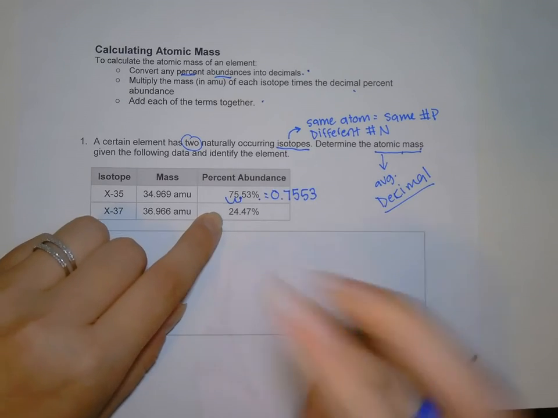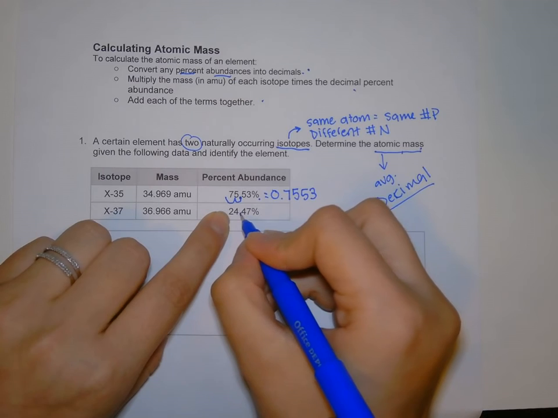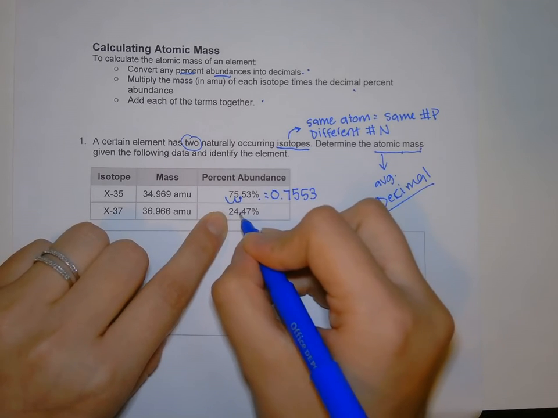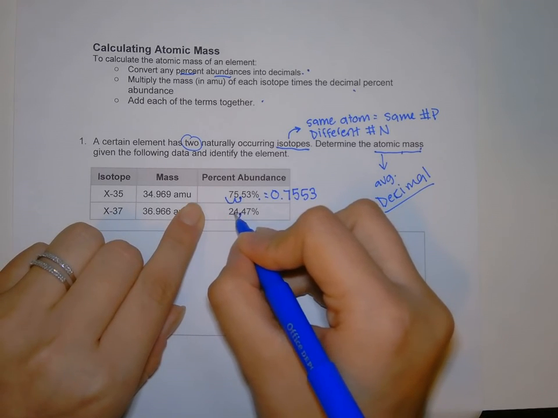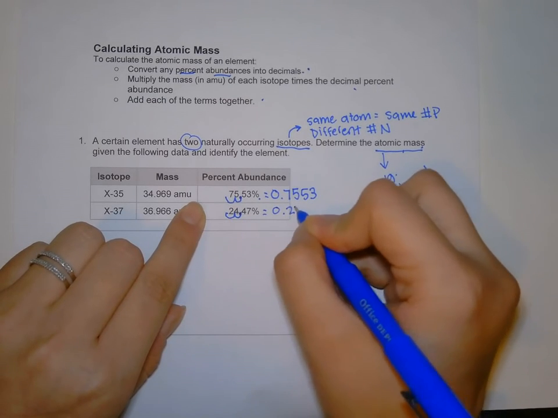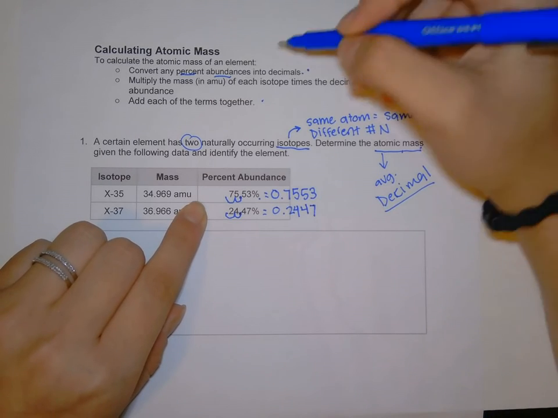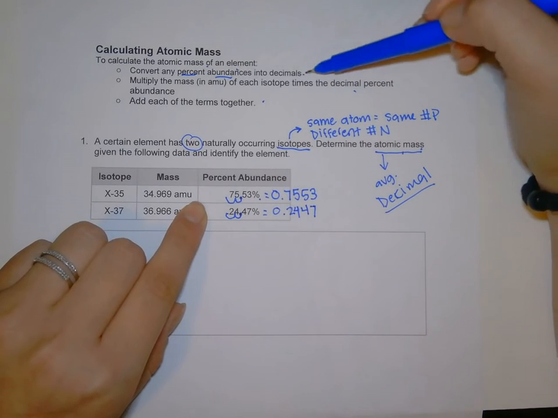Awesome. And I'm going to do the same thing for this bottom one. 24.47, I'm going to move the decimal to the left, and that is equal to 0.2447. Okay, so I converted my percent abundances into decimals.